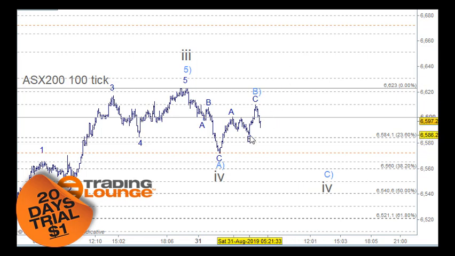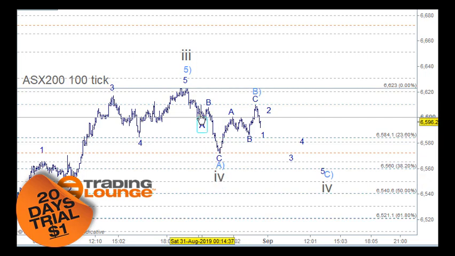As soon as that wave B is breached, then you know that we're going to be looking at a 5-wave structure here. So then we'll be looking at something like this here.